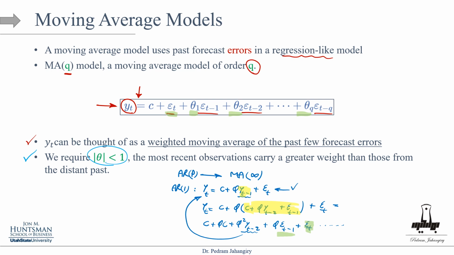That simply means that the most recent observations are going to carry greater weights than those from the distant past, right? We had the same assumption for AR components as well. So this is the moving average component. I know it seems a little abstract, but just bear with me. I'm going to show you some examples with simulated data, so you can play around with these values for theta and see how it looks.